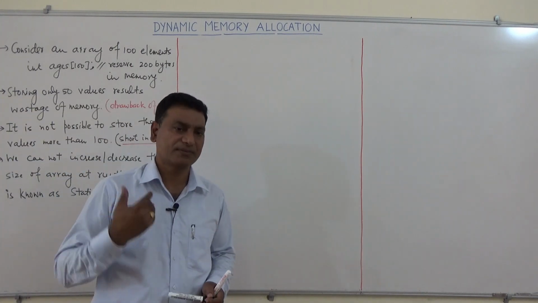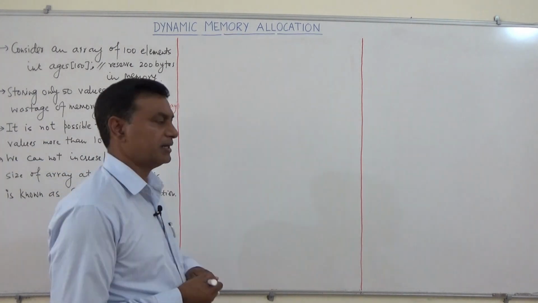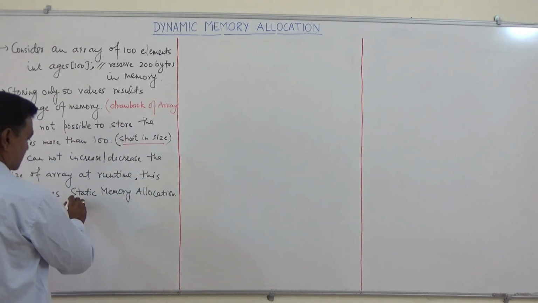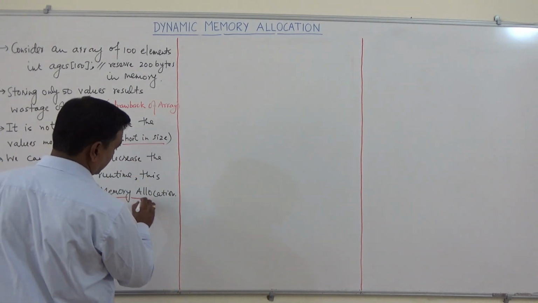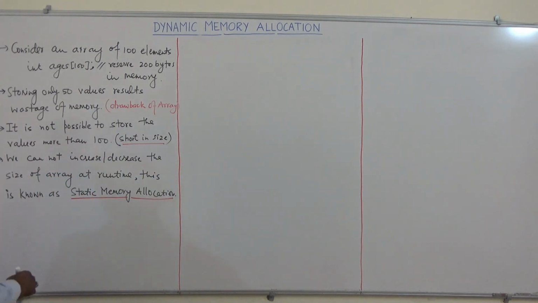Because we have declared the size of the array in advance, this is static memory allocation.